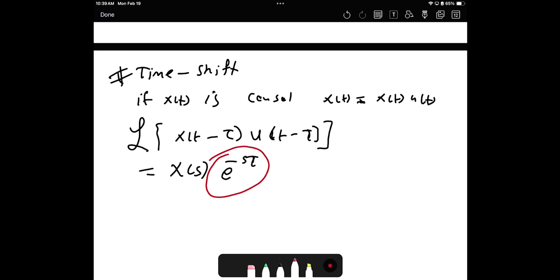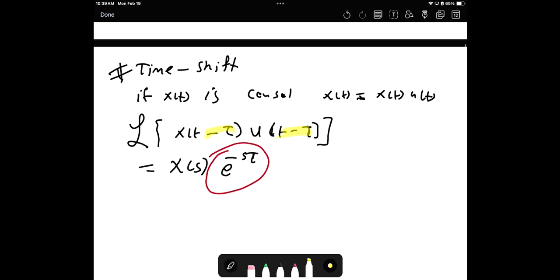Because here we have the time shift, minus tau. Whenever we have a time shift, this will make this exponential, e to the power negative s tau, because of the phase shift. So X of s, since this system is causal, will be X of s.